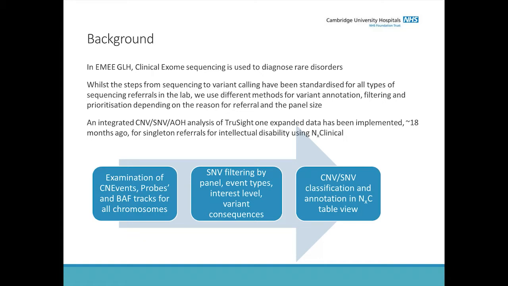And then we also use filtering by other means, for example, by the event types, interest level, and variant consequences. We then follow our data filtering by CNV and SNV classification and annotation, and we record all that in the NX Clinical table view.